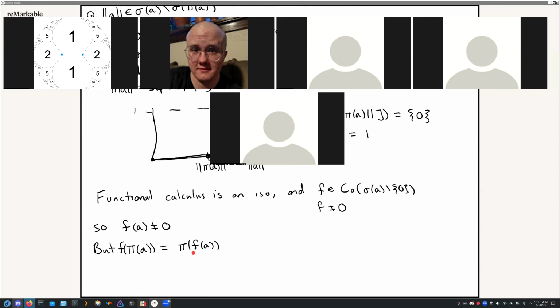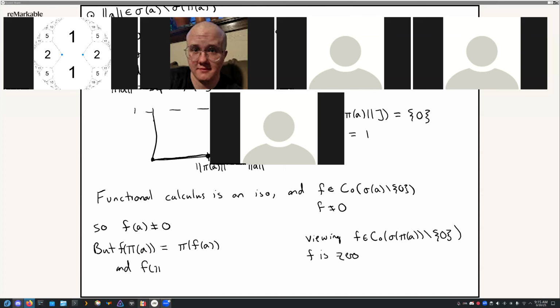And f of pi of A, when we're applying functional calculus but viewing f as a function in C0 of the spectrum of pi of A minus 0, so viewing f as a function in that space, f restricted to the spectrum of pi of A minus 0 is 0.